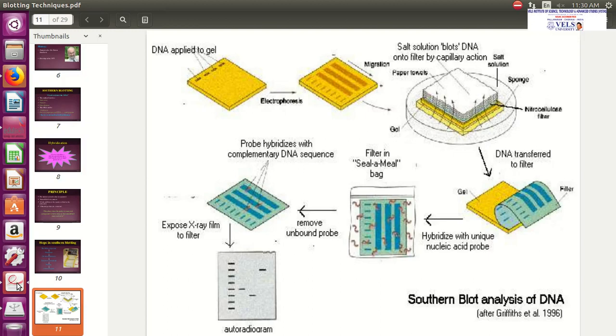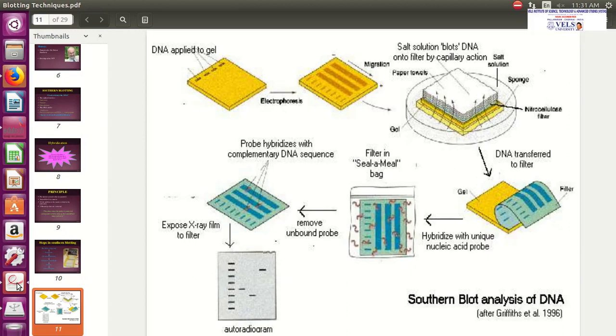Take the membrane, put it in the cover and lock it, along with the probe. Some of the probes combine with the single-stranded DNA which is already present in the filter. Then after some time we take out the filter and remove the unbound probes. That is the important thing.